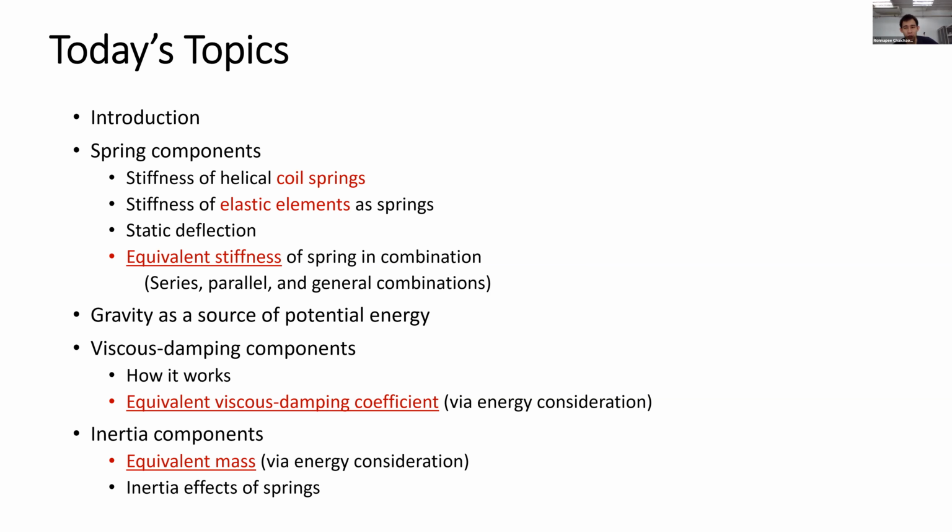For the viscous damping and the inertia component, to obtain the equivalent damping coefficient and the equivalent mass of the system, we also use the same concept. We consider the energy stored in each component, and for all components it needs to equal the total energy of the system.